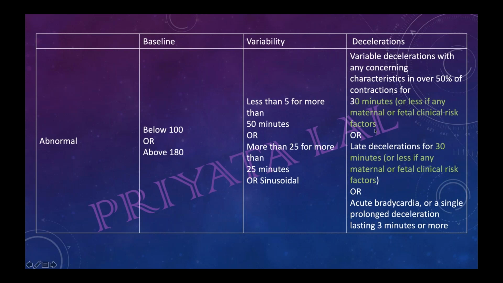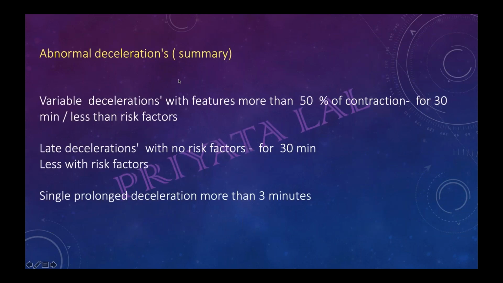Fine. Coming to deceleration. If there are variable decelerations with features for more than 30 minutes, or late decelerations for more than 30 minutes, then you will put it under the abnormal category. Acute bradycardia, everyone can understand, there will be no problem.